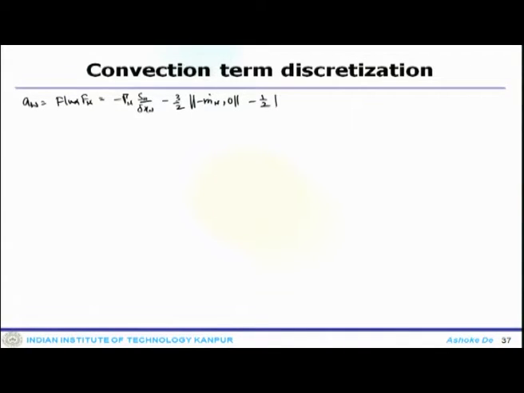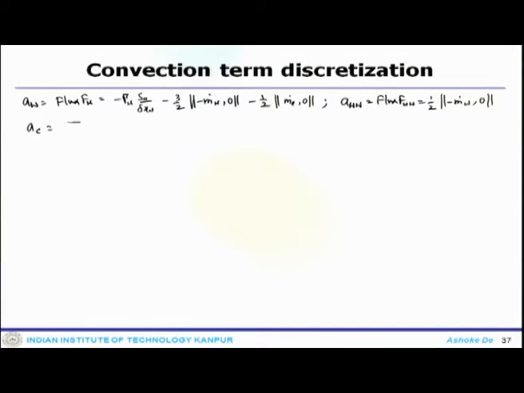minus half of m dot E 0, and similarly you get A W W equals flux F W W, half of minus m dot W 0.